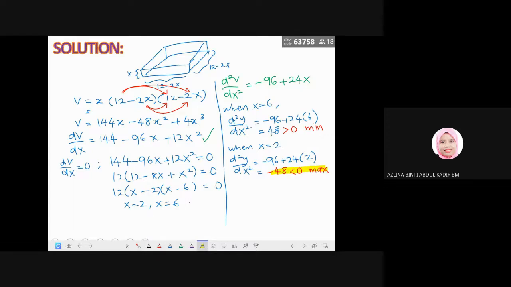So when X is equal to 2, a maximum occurs. So X equal to 2 is what maximizes the volume.